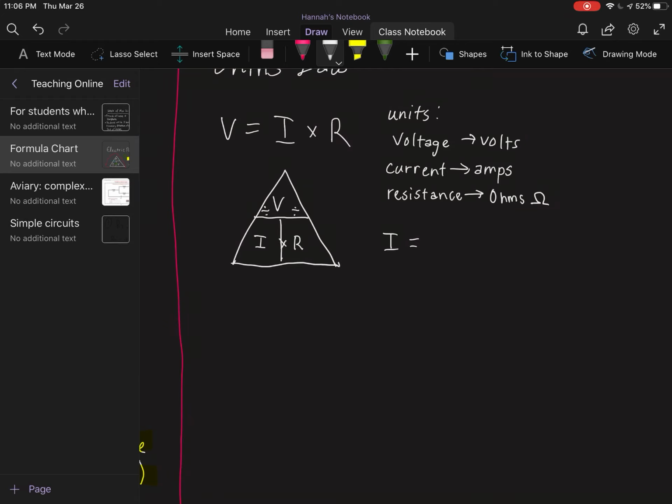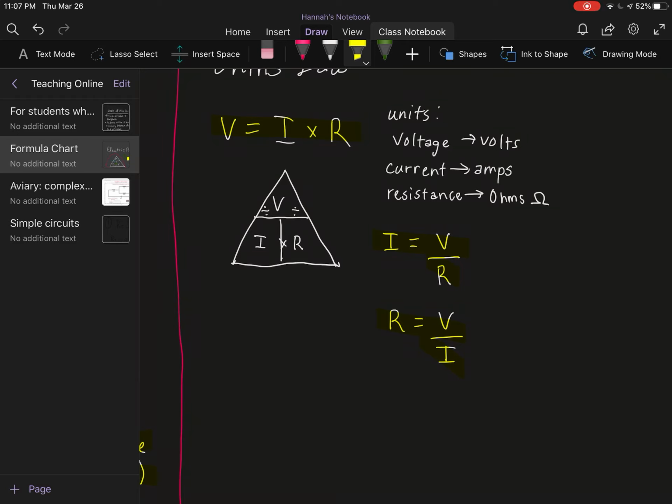And from using our triangle, we can also derive that current is equal to voltage divided by resistance. And resistance is equal to voltage divided by current, right? So from Ohm's Law notes, these three are also important, okay?